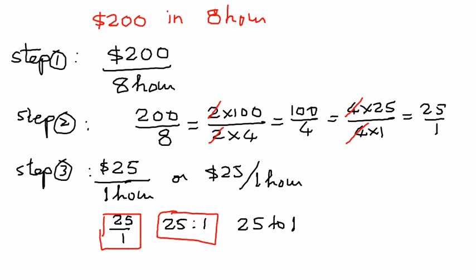All of these mean the same thing. But the most common one we would use when mentioning it to others is that if we are making $200 in an 8-hour shift, we can say our rate is $25 per hour.